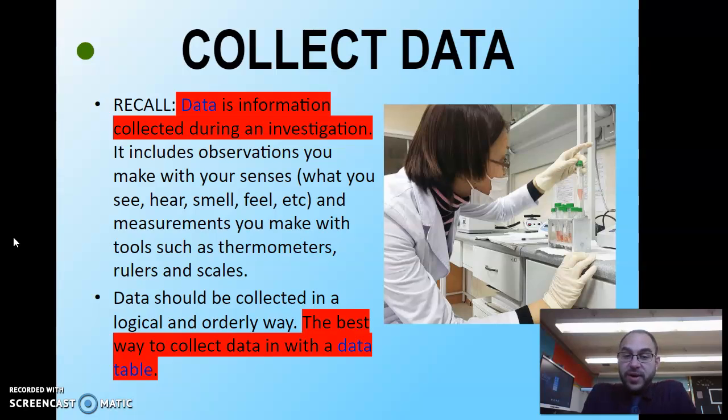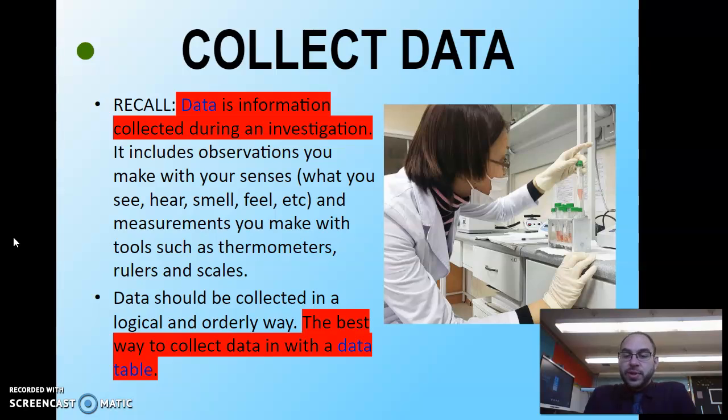Any kind of qualitative observation, or more likely than not, it's going to be a quantitative observation. So something that we're going to use a scientific tool or measurement in order to do. So that's where we're talking about our thermometers, our rulers, our scales, okay? Any type of tool that we're using in order to record the data that's happening would be a quantitative type of observation that we're turning into data, okay?